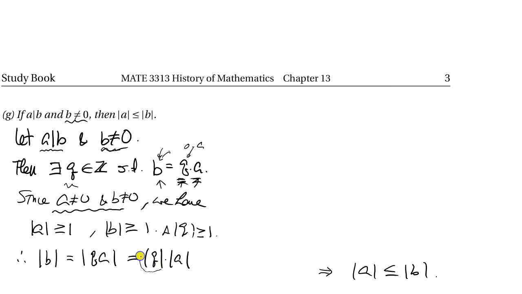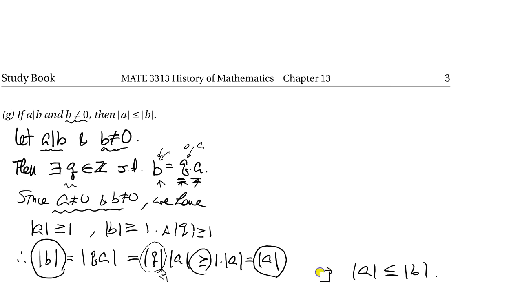And because the absolute value of Q is greater than or equal to 1, the right-hand side is greater than or equal to 1 times the absolute value of A, which is the absolute value of A. So now we have shown the absolute value of B is greater than or equal to the absolute value of A. Okay. Therefore, finally we can state the conclusion. Okay, so that's the end of the proof.